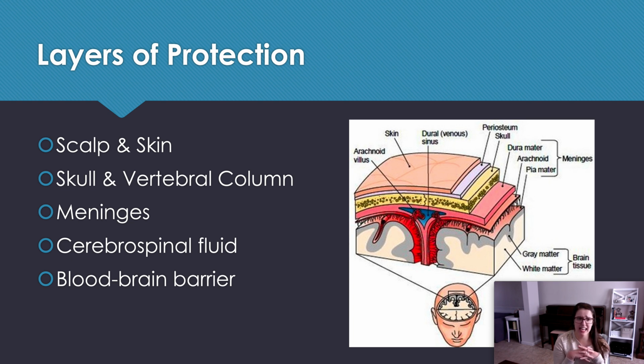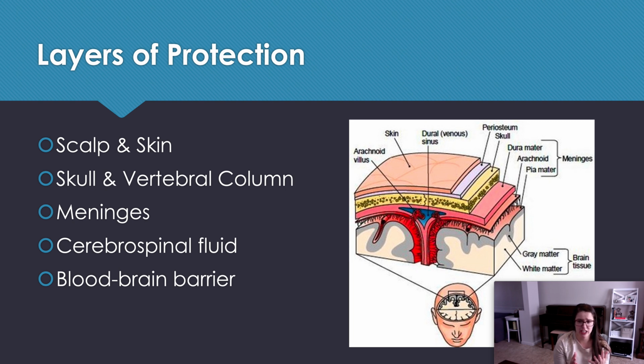And then in your CNS, or central nervous system, you also have the meninges. Now, you'll probably remember this from when we had to remove the meninges off of the sheep brain. It felt kind of papery-ish. And we have that as well. There are 3 layers that make up the meninges.